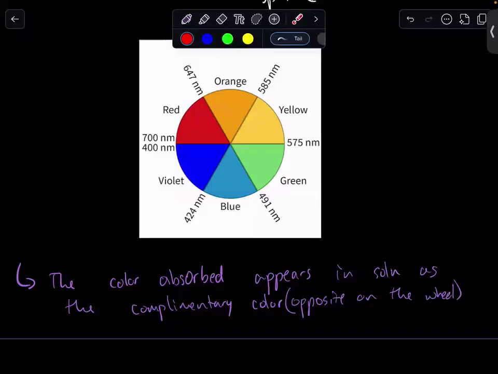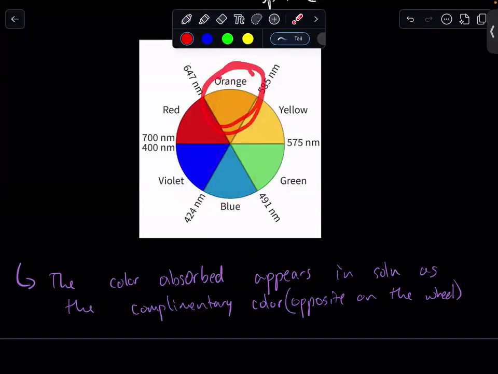So for example, if we absorb blue light, the solution will look orange. Vice versa, if we absorb orange light, the solution will look blue. And we can just kind of color over violet with an actual violet instead of a dark blue. So that's kind of how this color wheel works.